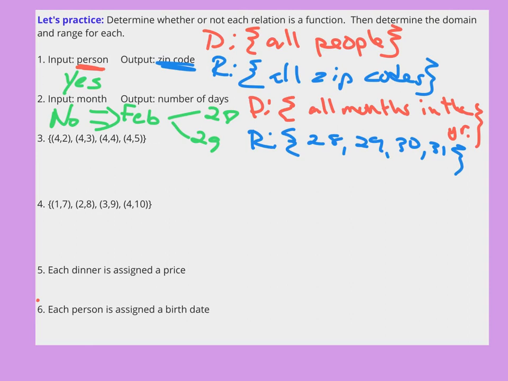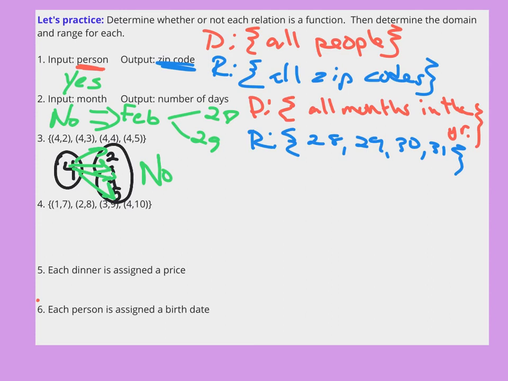If I was to draw this out using my ovals, I would have 4 in one oval, and then in my other oval I would have 2, 3, 4, and 5. And then my lines would be 4 being mapped to all of these different values. So because of this, we would say no, it's not a function.